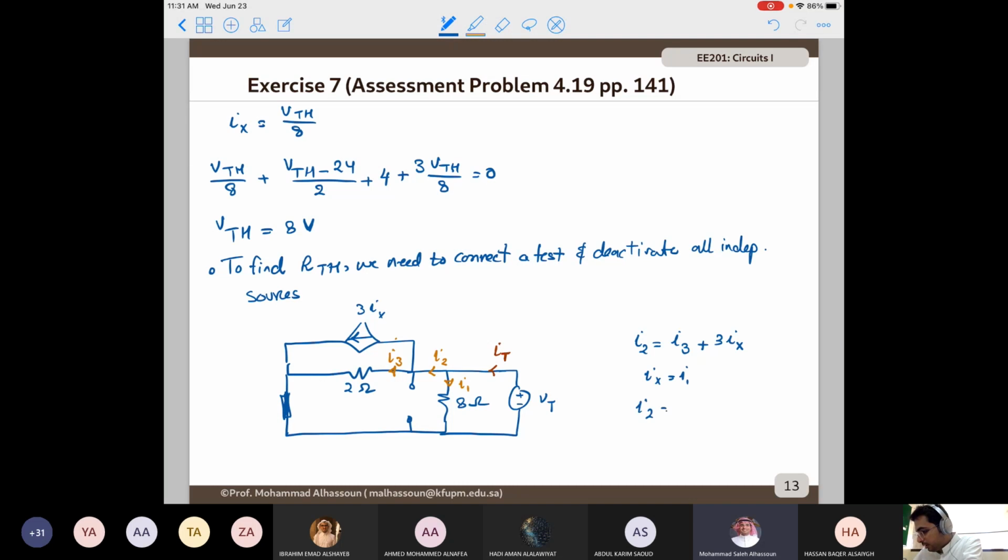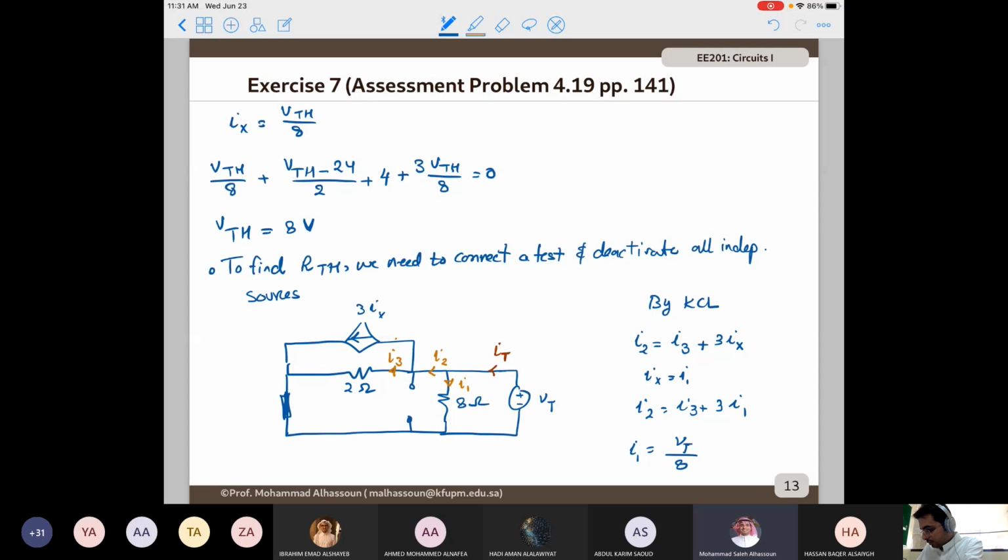So I2 will be I3 plus 3I1. Now from Ohm's law, what is I1? V test divided by 8, because the voltage across the 8 ohm resistor is the same as the test voltage source.